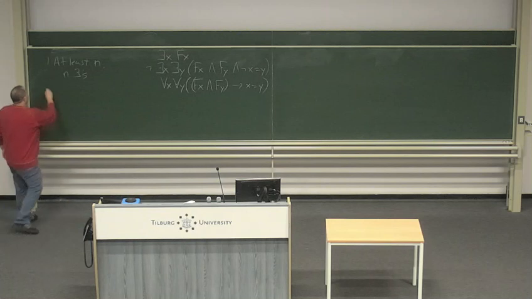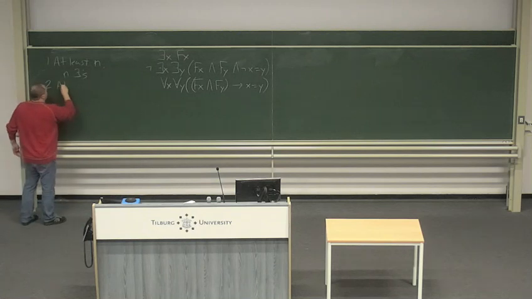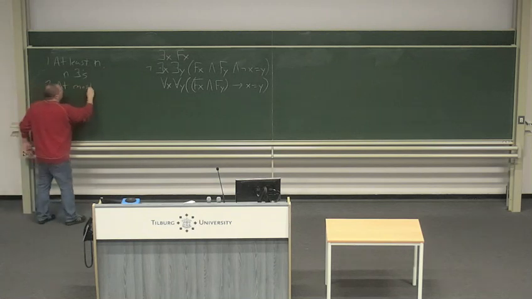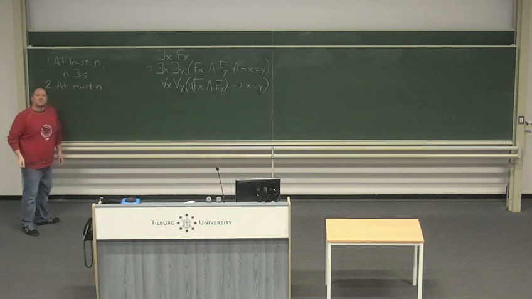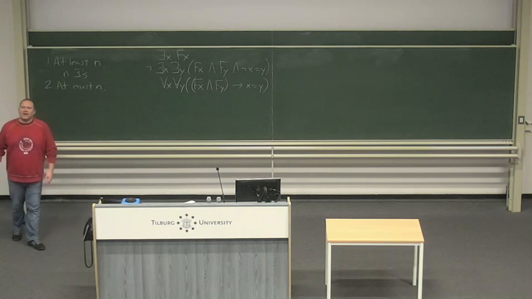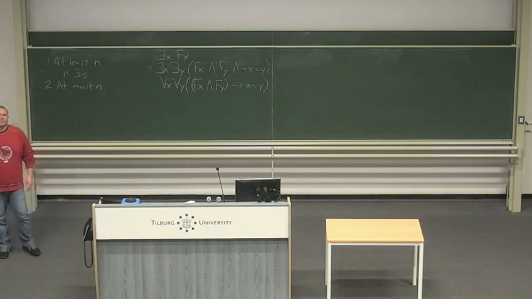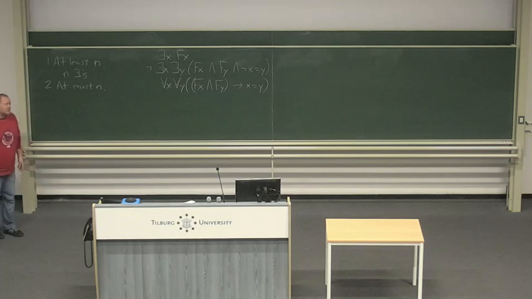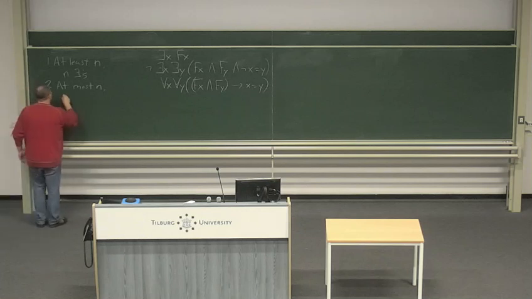If you have at most n, how many quantifiers are you going to have? N plus 1. Doesn't matter if they're existentials or universals, it will always be n plus 1.